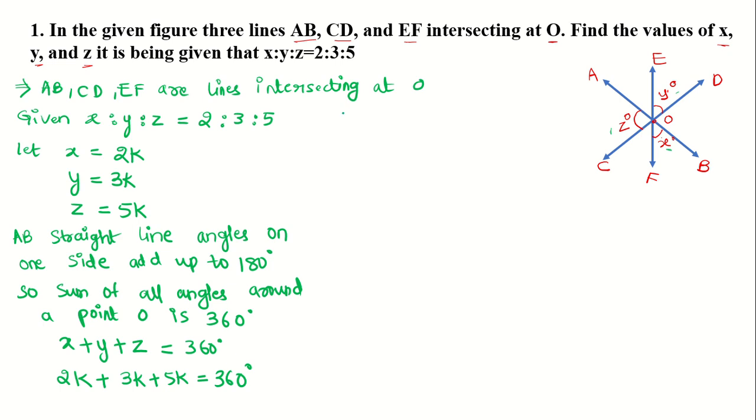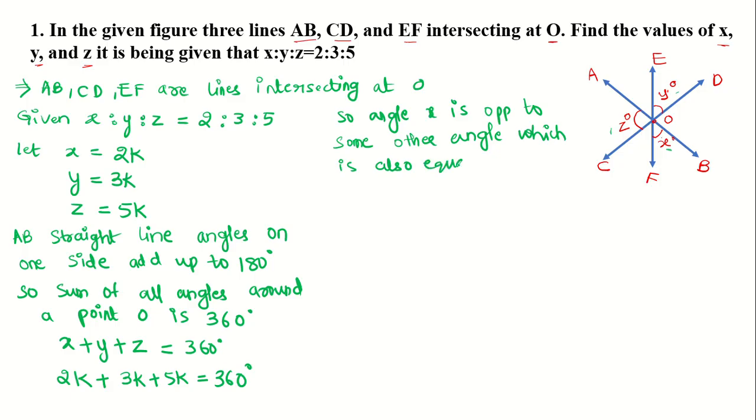Okay. So angle x is opposite to some other angle. Let us assume that angle x is opposite to some other angle which is also equal to x. Let us assume that if we have angle x from the figure, the vertically opposite angle of this given x is also x.